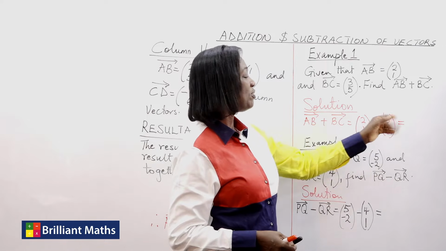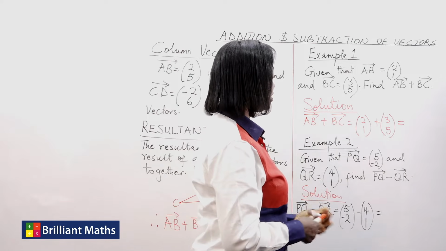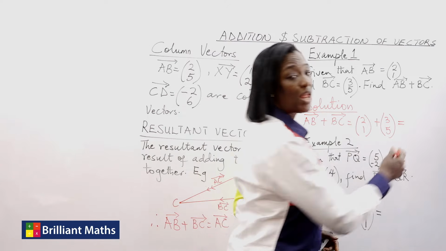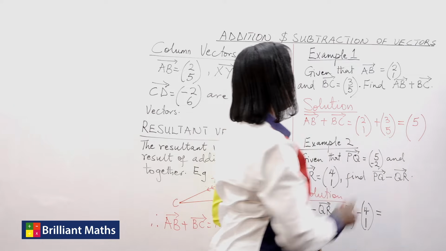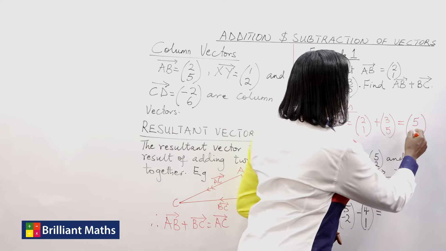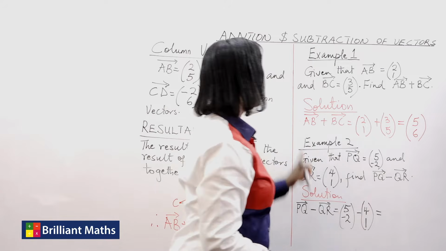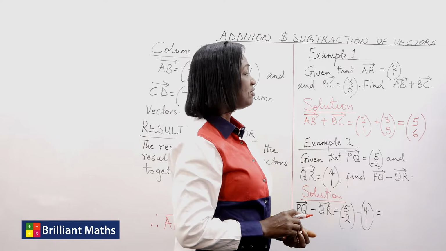Add the horizontal components or the x components and then the y components. So 2 plus 3 is equal to 5 and 1 plus 5 is equal to 6. So AB plus BC is equal to (5, 6).